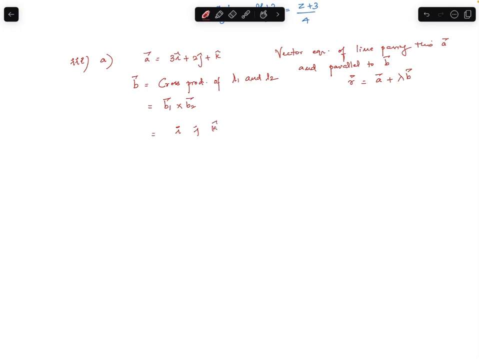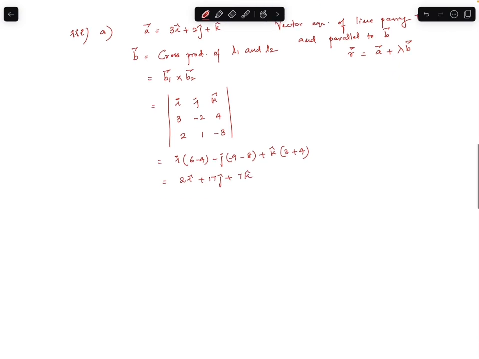Let's take down the ijk components of b1 and b2 from the lines L1 and L2, which gives us i times (6 minus 4) minus j times (minus 9 minus 8) plus k times (3 plus 4), which is 2i plus 17j plus 7k.